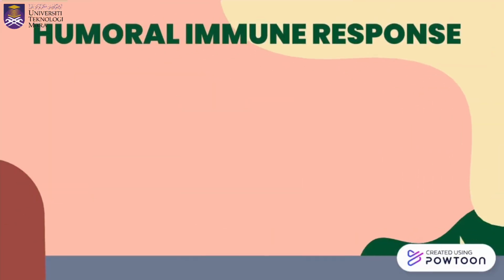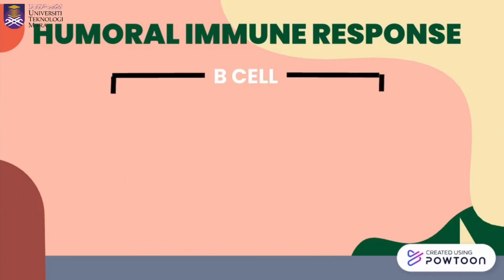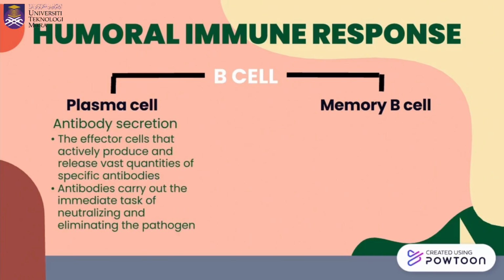As we just mentioned, once a B cell is activated, it undergoes differentiation and splits into two distinct, highly specialized cell types, which are the plasma cell and the memory B cell. Plasma cells are essentially antibody factories. They are the effector cells that are actively producing and releasing vast quantities of specific antibodies.